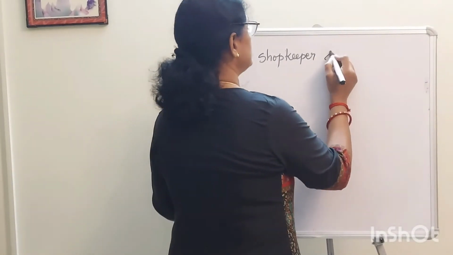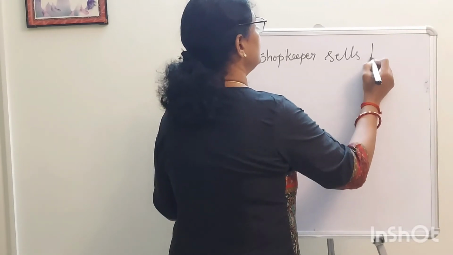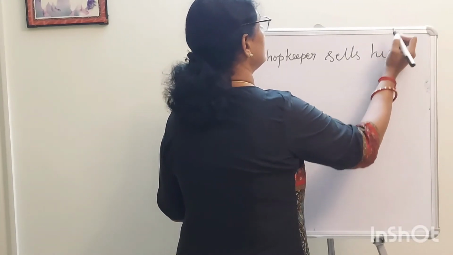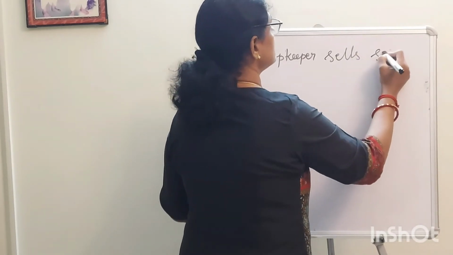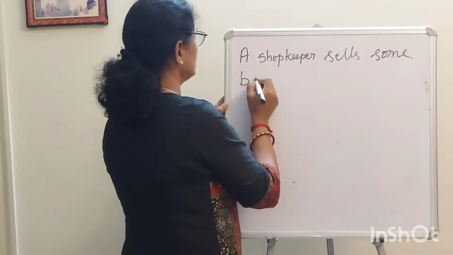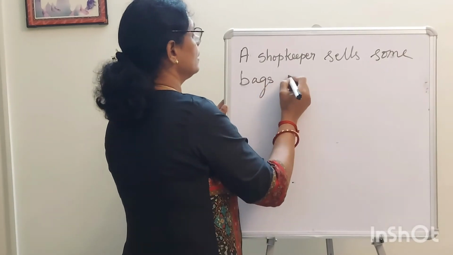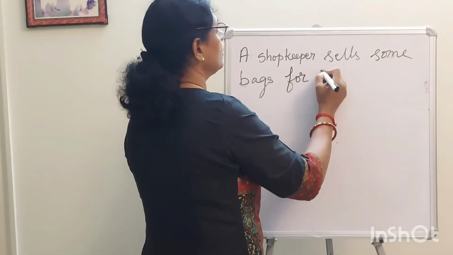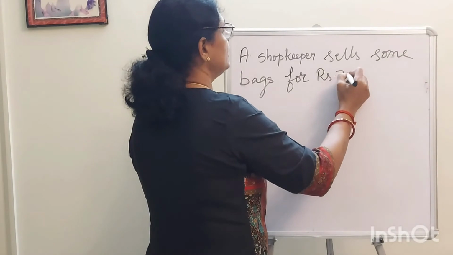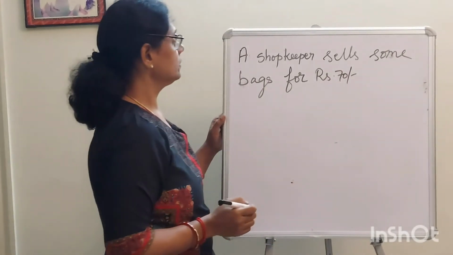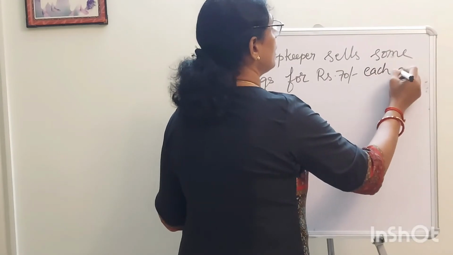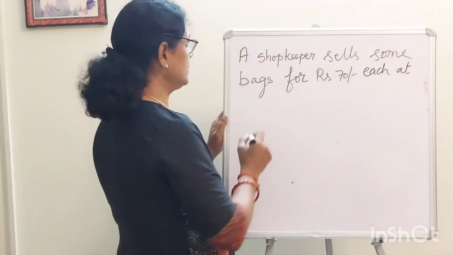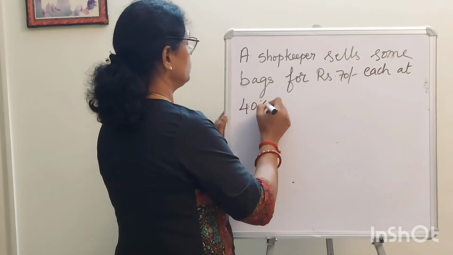Shopkeeper sells some bags for rupees 70 each bag. Okay, the shopkeeper sells some bags for rupees 70 each, at 40% profit.